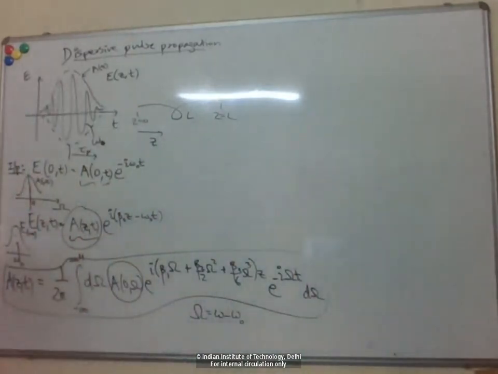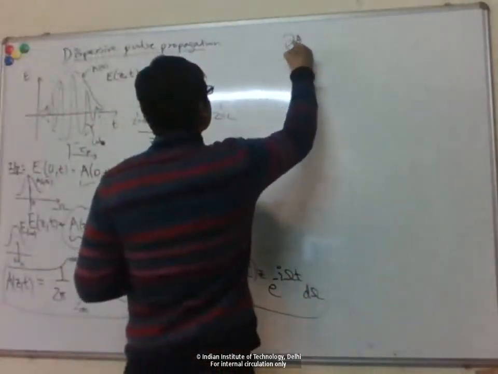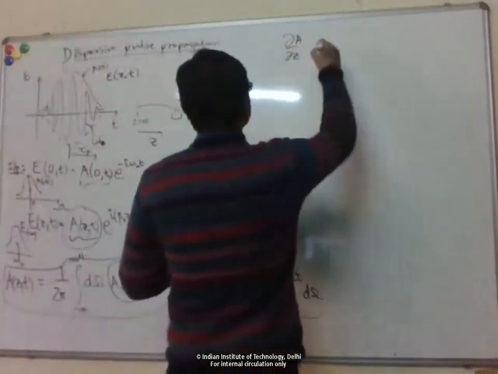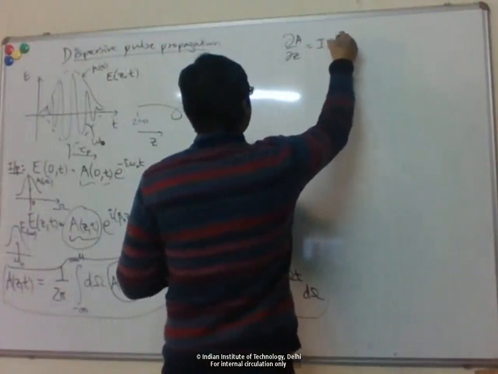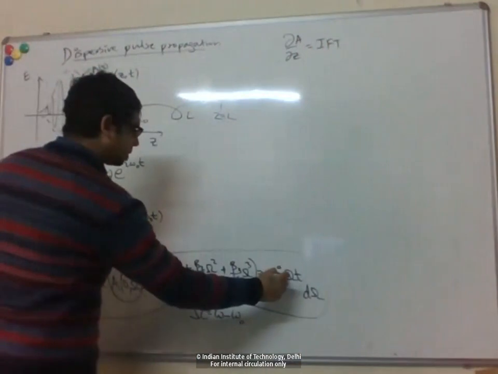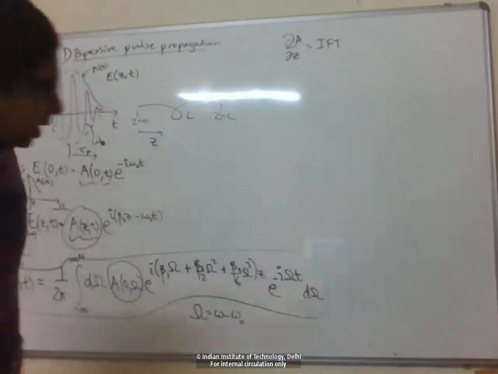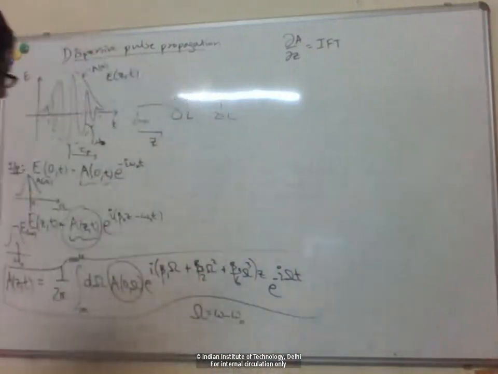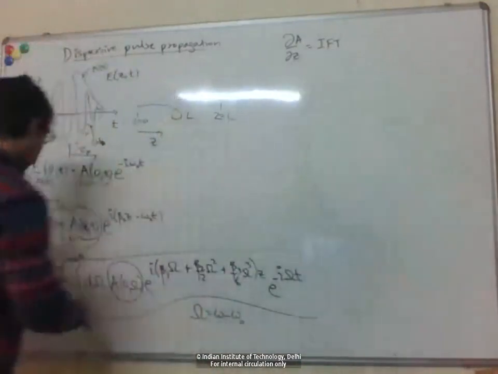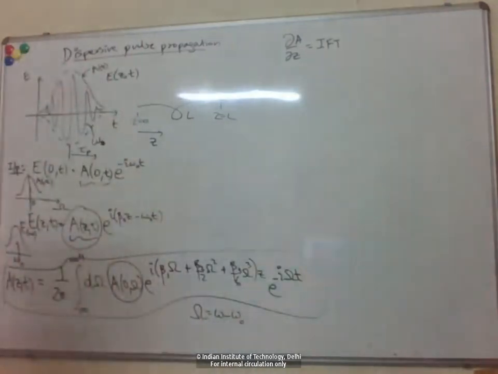So I differentiate both sides with respect to Z. Okay, so on the left side, this is an integral with respect to omega, multiplied by e to the minus i omega t, and integrated over omega. I just write this as an inverse Fourier transform. Right? So inverse Fourier transform means this operator: 1 over 2 pi integral of d omega e to the minus i omega t.